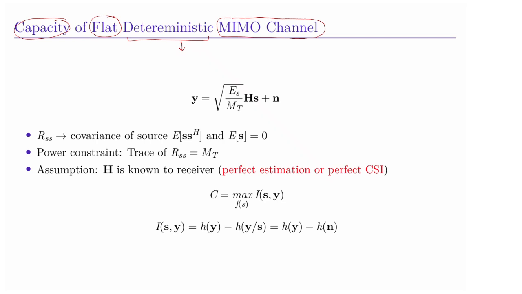Okay, so the assumption is that we have MT number of antennas at the transmitter side, we have MR number of antennas at the receiver side, and the channel matrix H is defined as MR cross MT. So now the received signal at the receiver can be written as y is equal to square root of Es by MT Hs plus n, where n has the dimension MR cross 1.